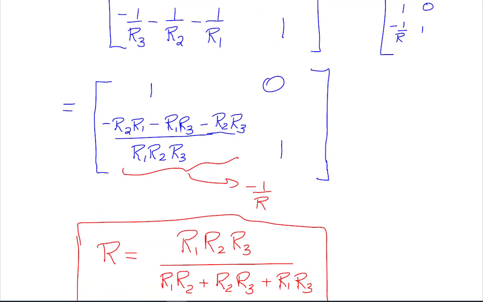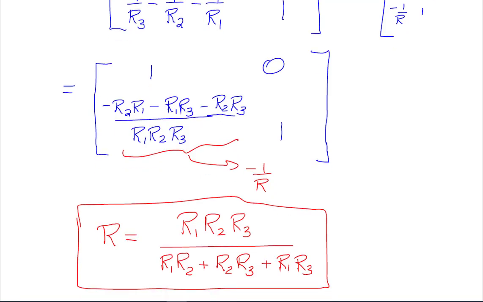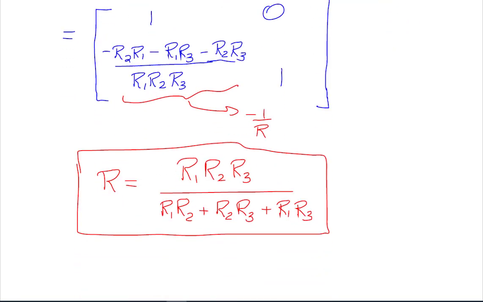Well, 1 over what? Well, first off, when I take the minus out of the top and flip this thing, we see that the resistance follows this particular formula to find the resistance of this electrical system. So an interesting way to look at something from electrical engineering.